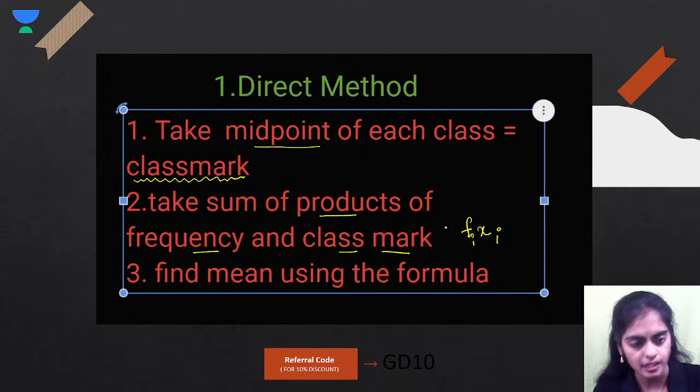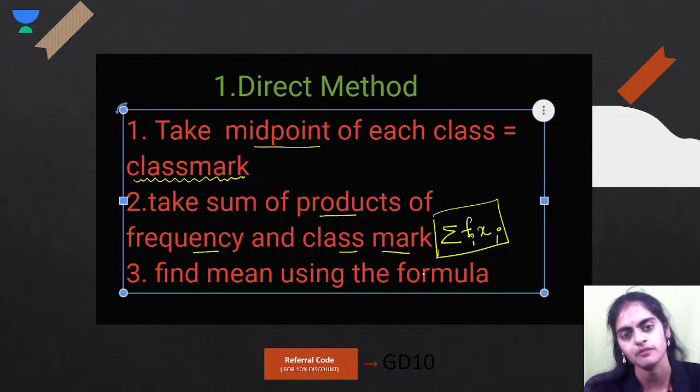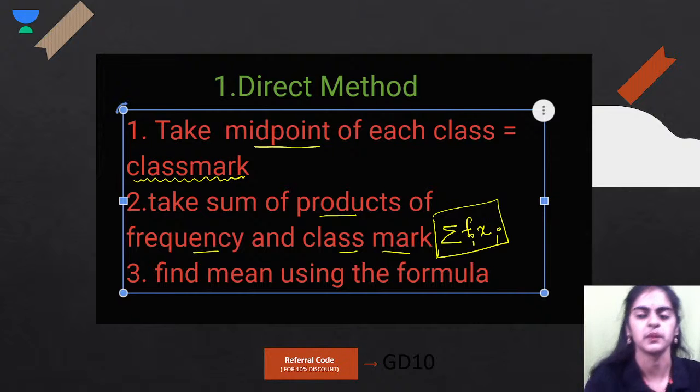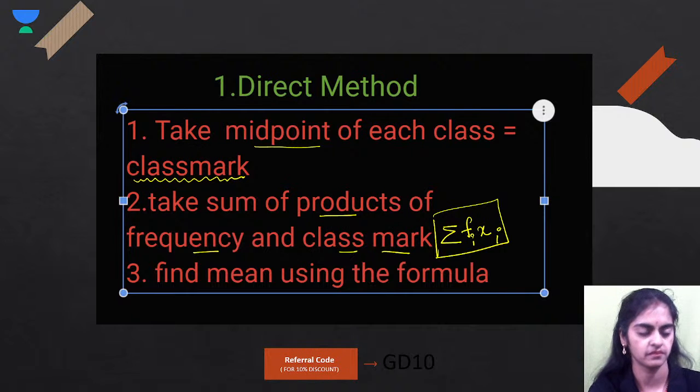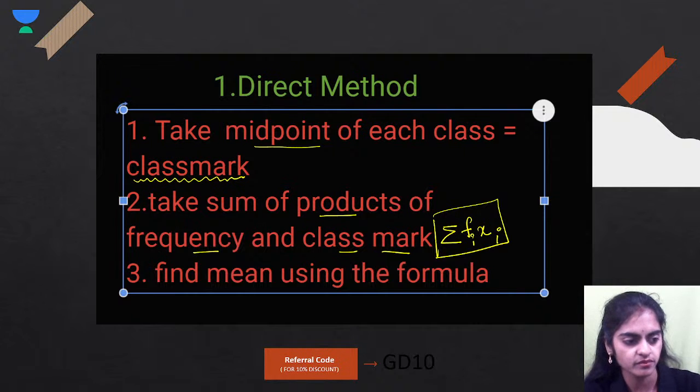Product of frequency and class mark, and you will take the sum of all of them. Then you will find the mean by using the formula. Till here, is it clear? Yes, let me know in the chat box. Clear till here? Okay, chalo. Let's proceed then.